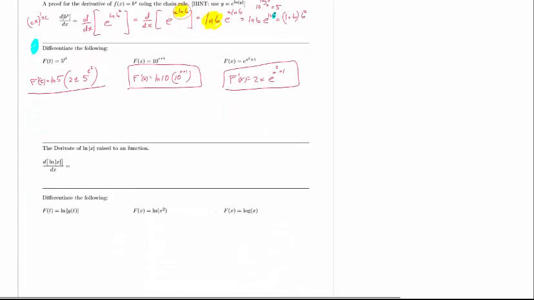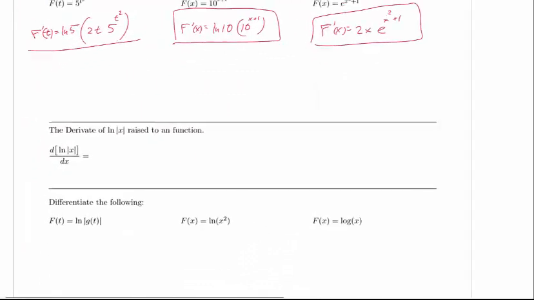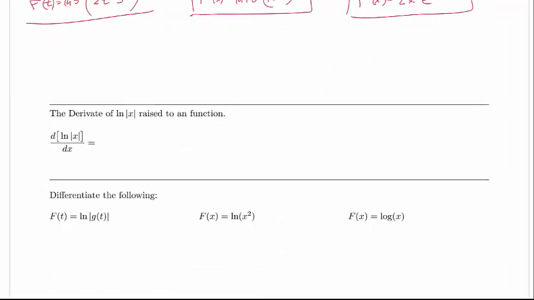So let's go ahead and look at this last set for the day. Natural log of x. And this should read g of x. So let's go ahead and fix that. So we have the derivative with respect to x of the natural log of g of x, like this.